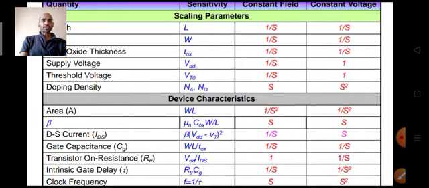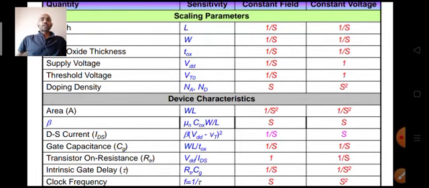That is what is shown here. Whether you do constant field scaling or constant voltage scaling, the area gets reduced by the factor of s square.